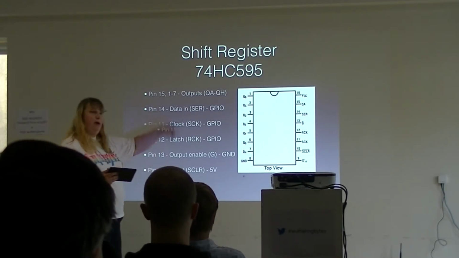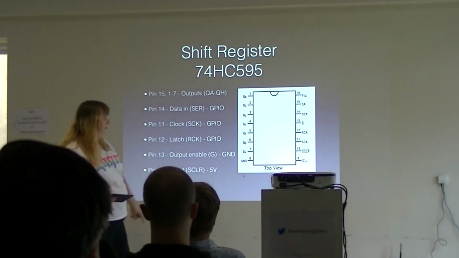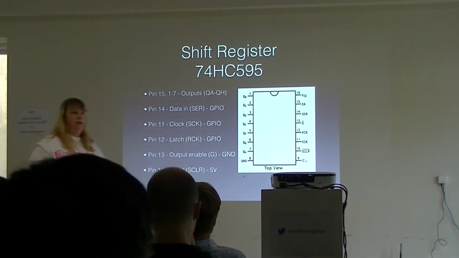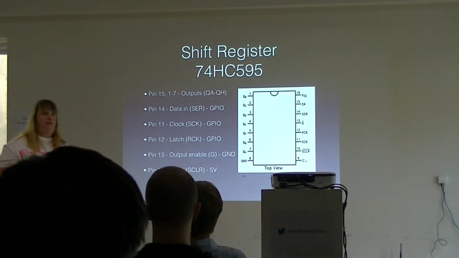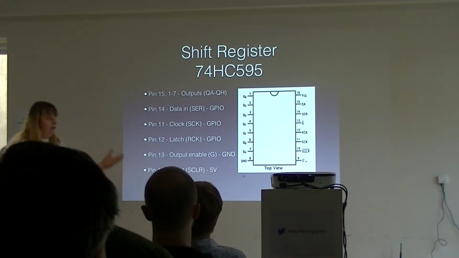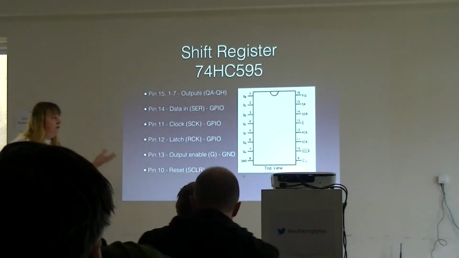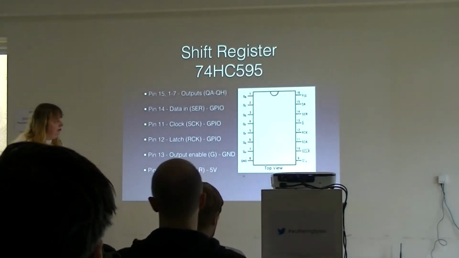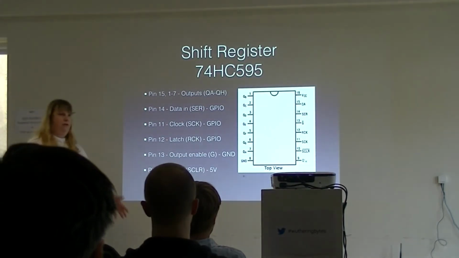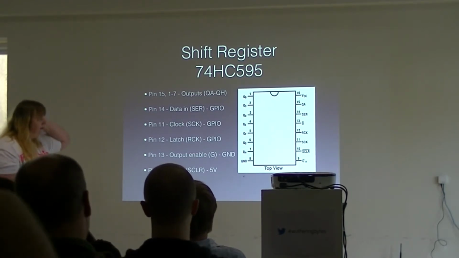So we would do our 8 pins, and then we toggle the latch pin, which is pin 12, and then the 8 outputs are just set to whatever we set it to. And we've expanded our number of output pins from 3 to 8. And you could daisy chain them, so you could make it 16 and so on.